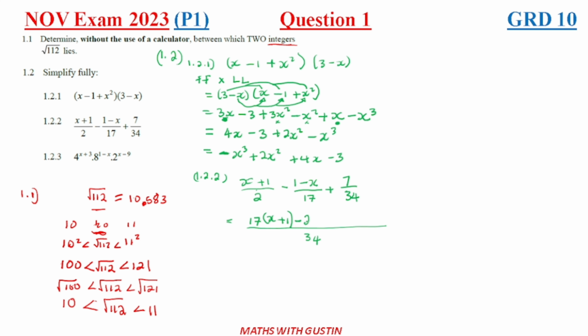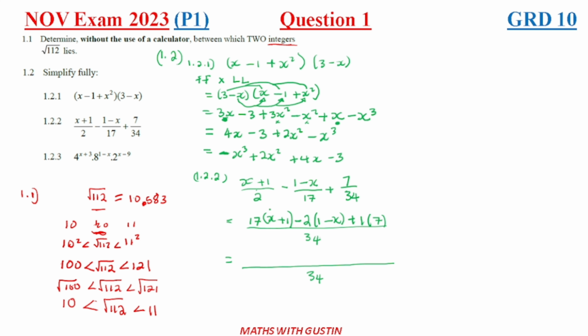So you're going to say 2 times the numerator there, which is 1 minus x. Therefore 34 goes how many times into 34? It goes 1 time, times the numerator there, which is going to be 7. All right, so therefore once you do that, this is multiplied by 34, which is our LCD.